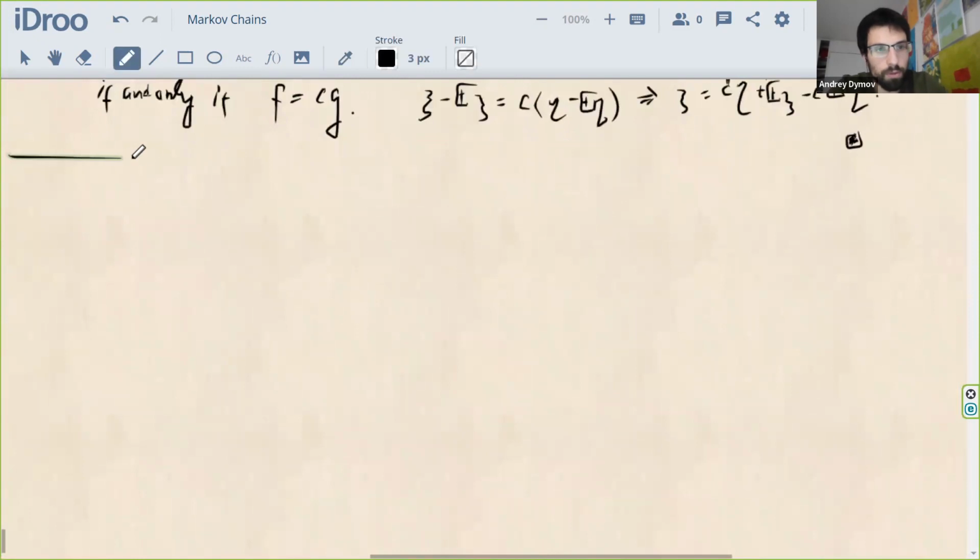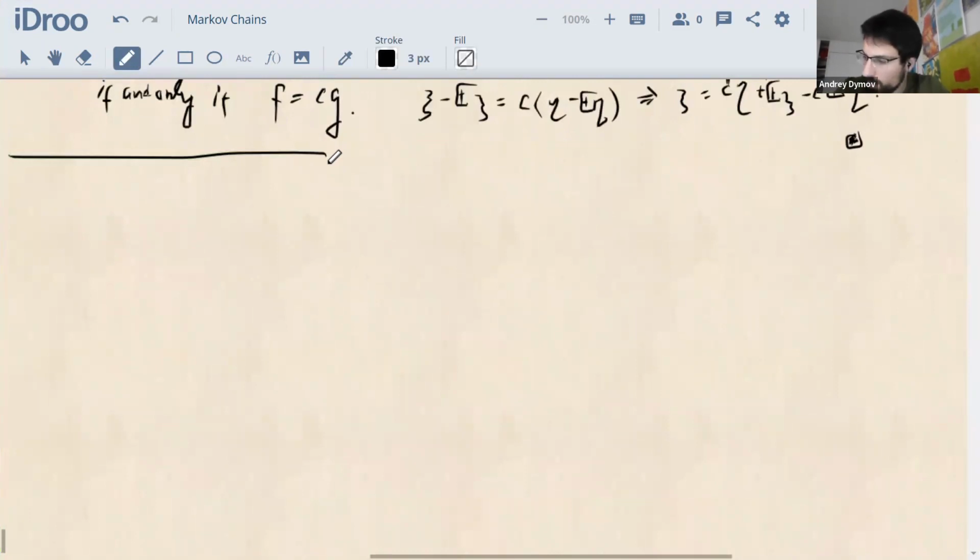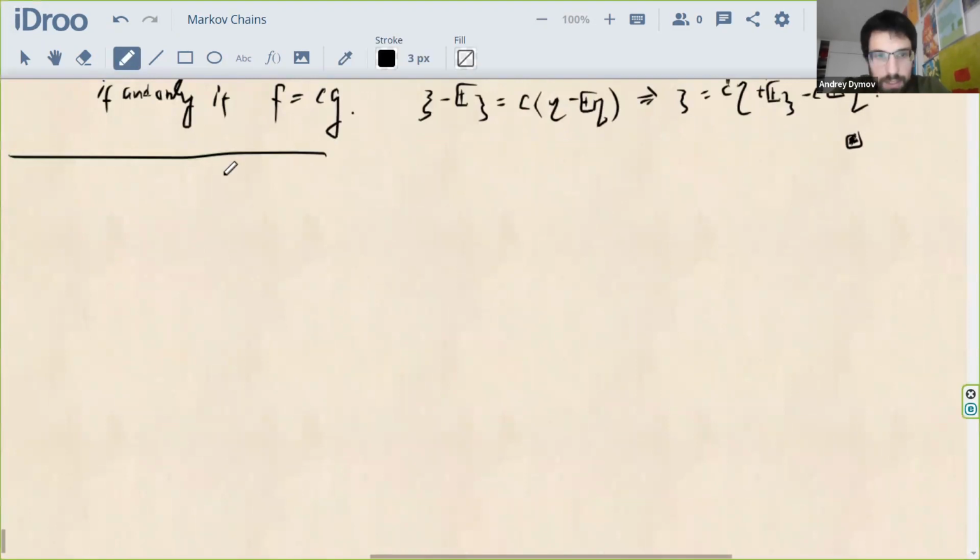Well, if not, then I go back to Markov chains, but in fact not immediately to Markov chains. I will start by recalling another standard result from probability theory, which is the law of large numbers.